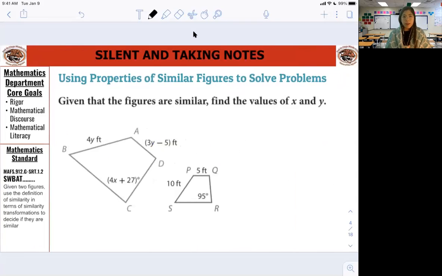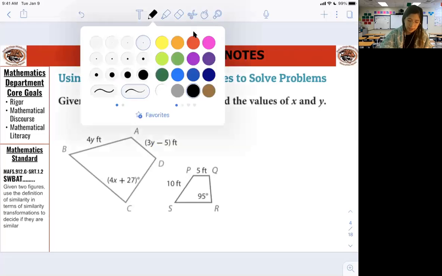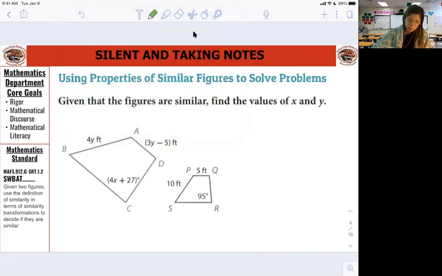Okay, let's make it a little bit harder, but the same rules apply. First thing you want to do is always take a look at your two figures and set up your corresponding sides. So I'm just going to highlight as usual. What's the corresponding side for AB? PS.